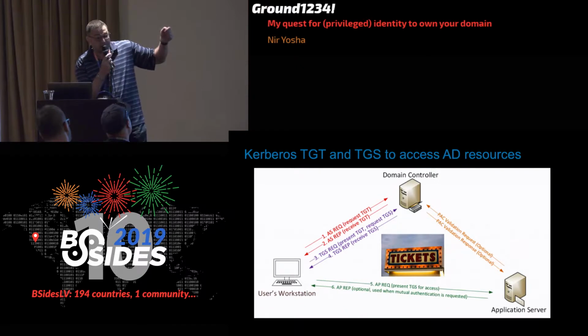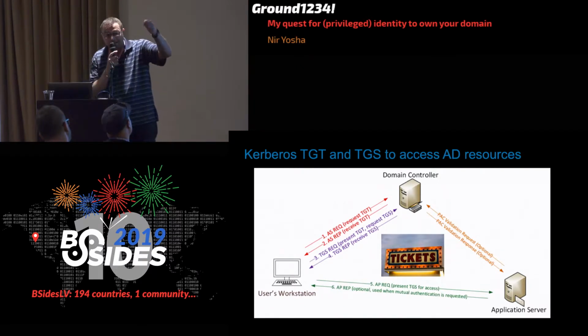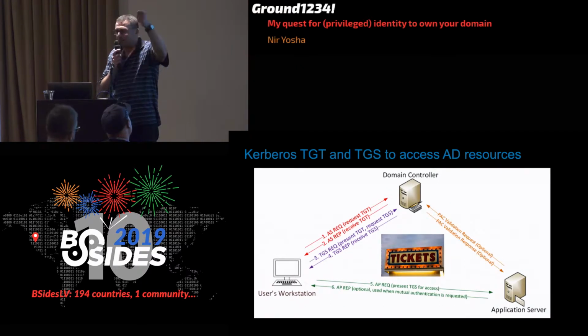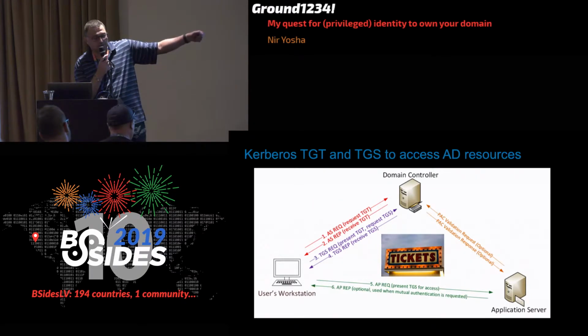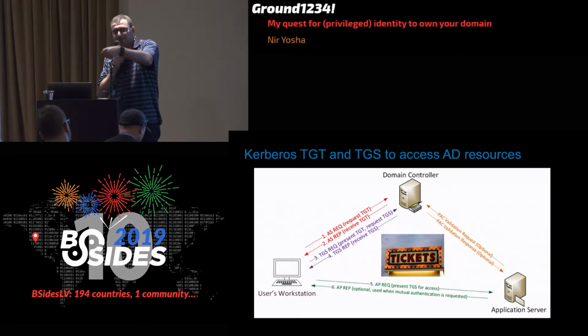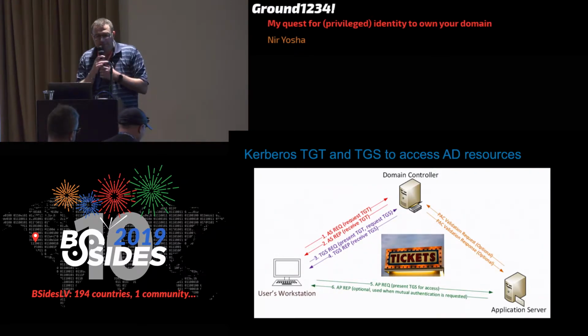Now I can take the ticket, and using that ticket, I can ask to access services. For example, a file server, web server, any other services that are Kerberos supported. I get a ticket for that service, and when I get it, I present it to the specific destination application. They verify that I have the permissions, and then they create the session for me. Make sense?